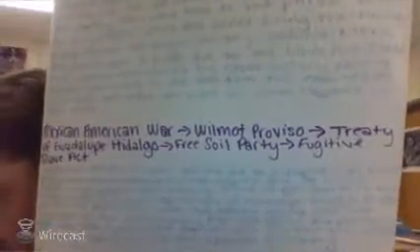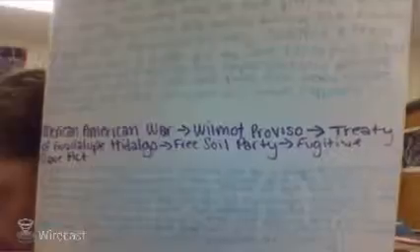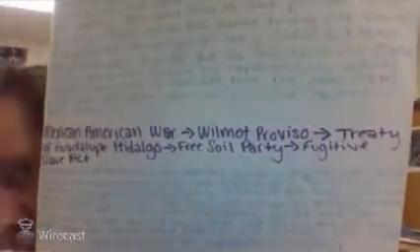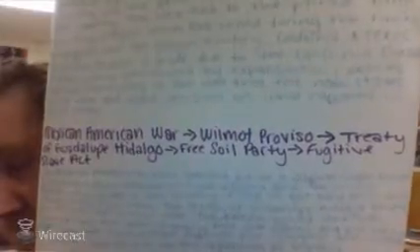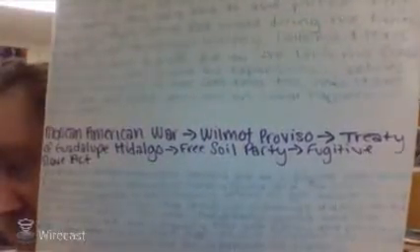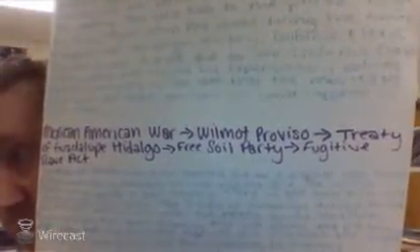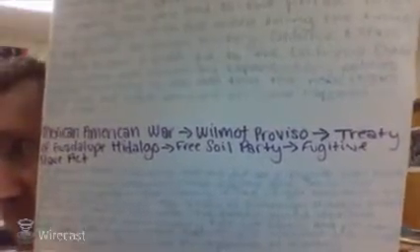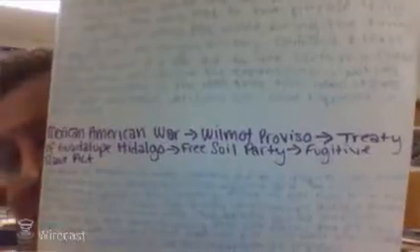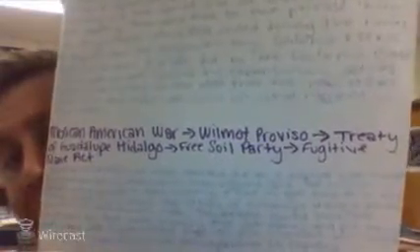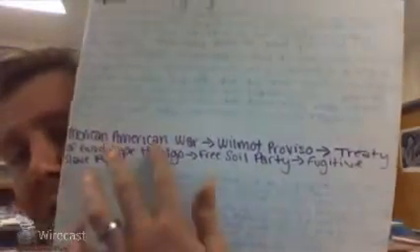As a result of the Mexican-American War, we see the Compromise of 1850. The Compromise of 1850 will say that California is a free state. The rest of the territory we get from Mexico will be decided by popular sovereignty, and will put into place a stricter Fugitive Slave Act. And that's what you have down here.